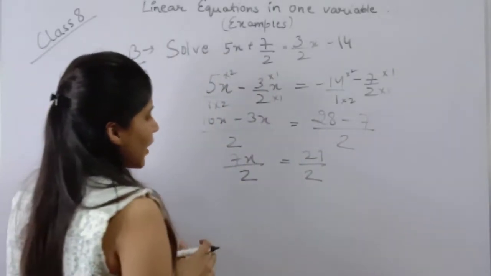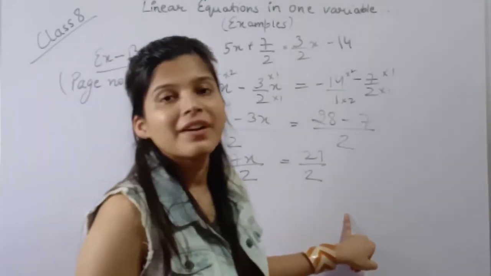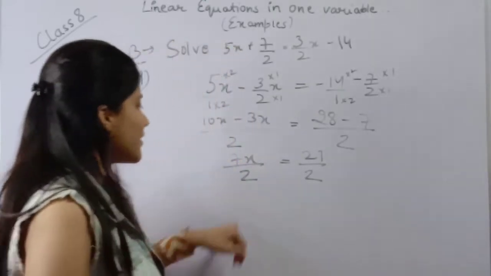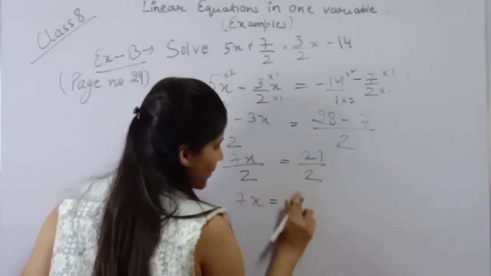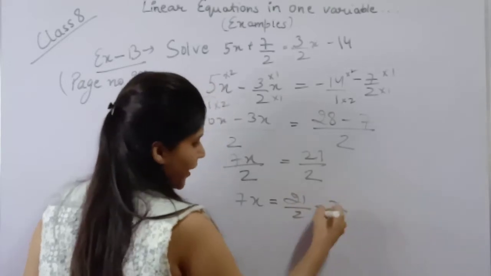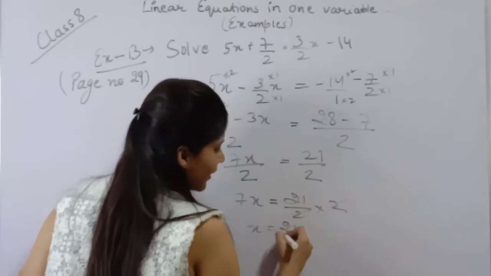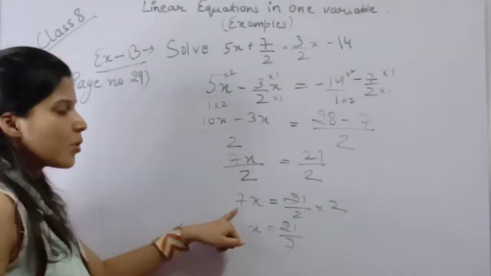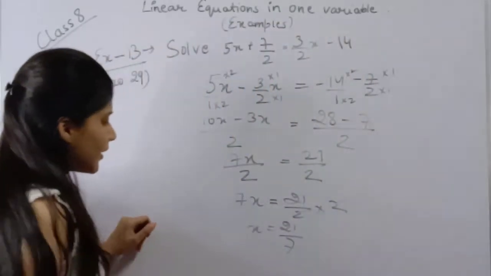So now we have 7 upon 2 x equals to 21 upon 2. Now 2 is in division. So after transposing it will become in multiplication. 2 upon 2 into 2 and 2 2 cut. Now x equals to 21 upon 7, because 7 was in multiplication with x, so when we will transpose it, it will become in division.